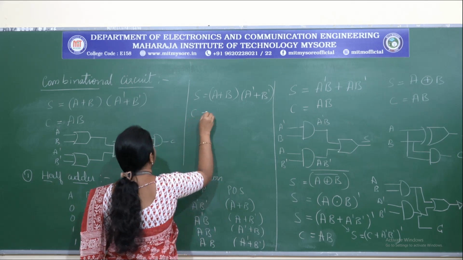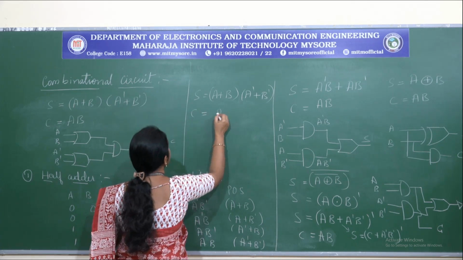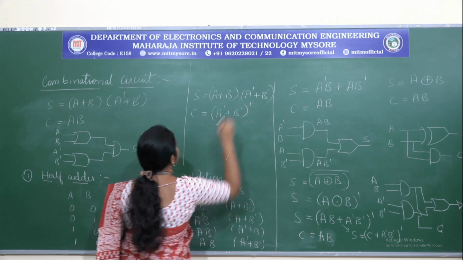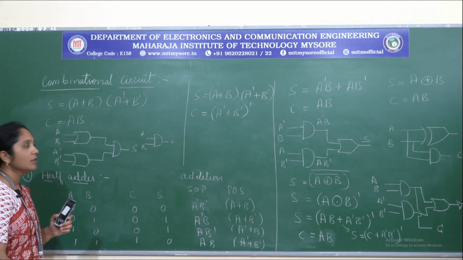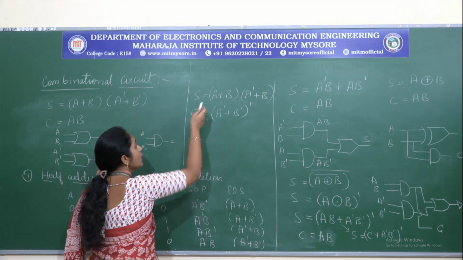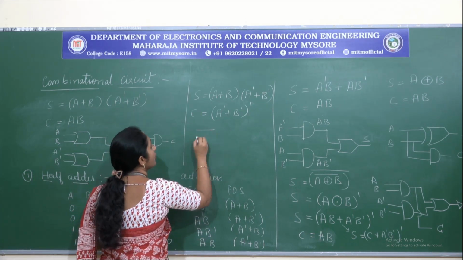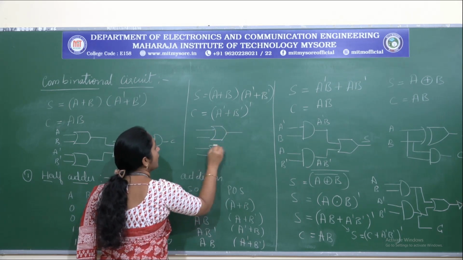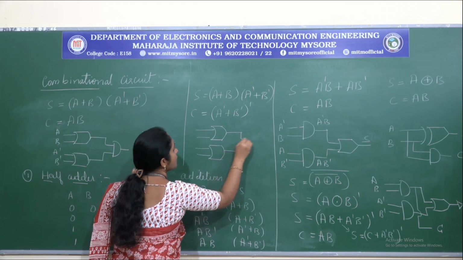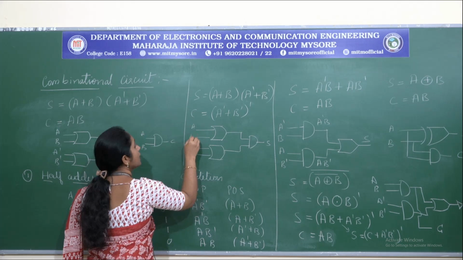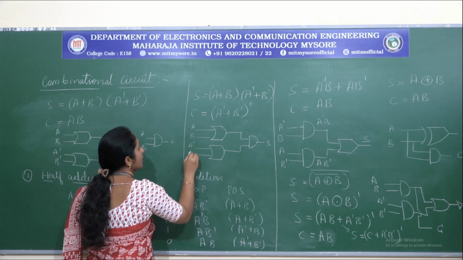So carry can be represented using De Morgan's. If I expand that, we are going to get A into B again. So for this, if I draw the circuit, A or B, A dash or B dash, this is sum. A, B, A dash, B dash.